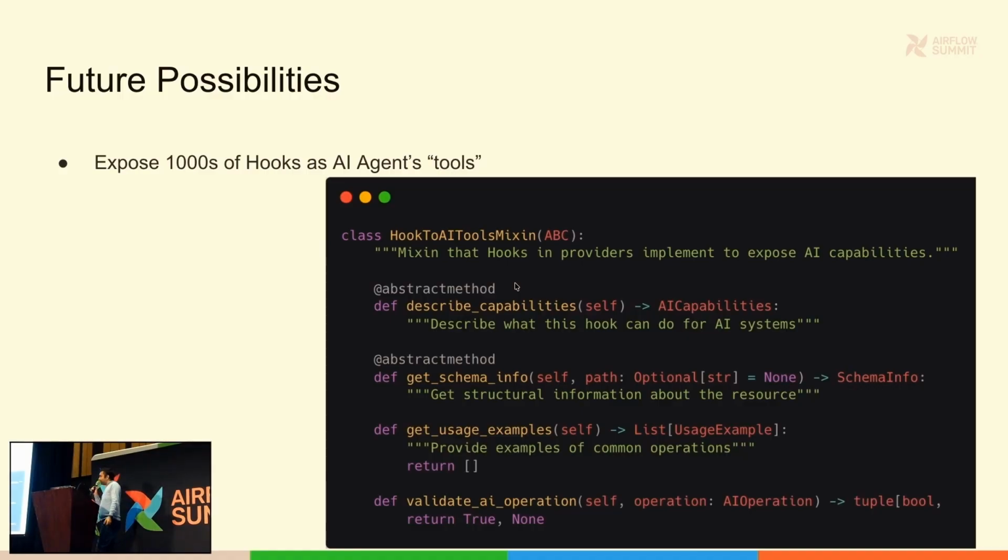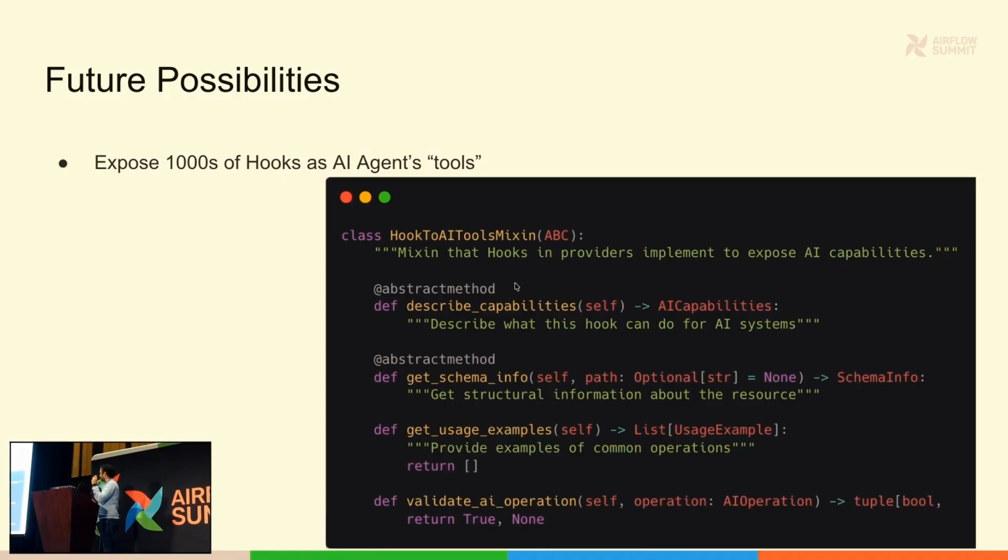We could probably have some sort of a mixin where, what does an AI need? It needs to know what the capabilities of this hook are, and a hook can have multiple methods. So you can say, okay, what can you do? Provide usage examples to it. Get some schema information about files, about databases, about the Slack hook, for example. It could be something different.